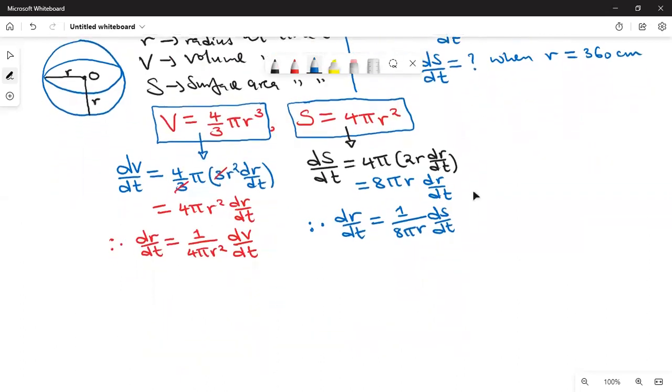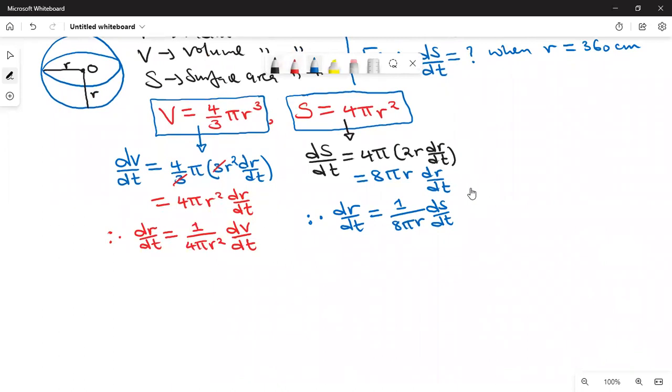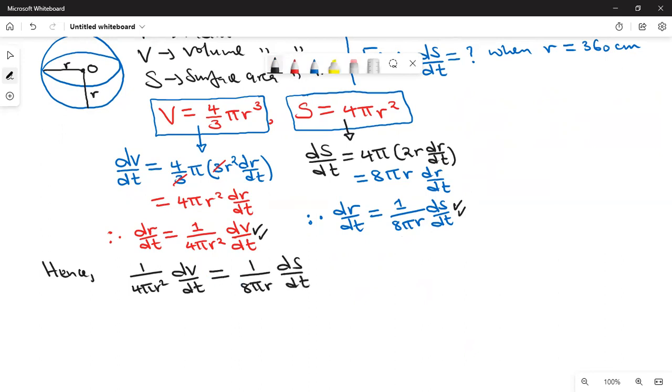So look at those two equations. Let me tick them. Look at this equation and this one. We can now equate them because on the left-hand side, we have dr/dt. So equate those two equations. So you can say, hence, 1 over 4 pi r squared dV/dt is equal to 1 over 8 pi r times dS/dt. And from here now you can make dS/dt the subject.